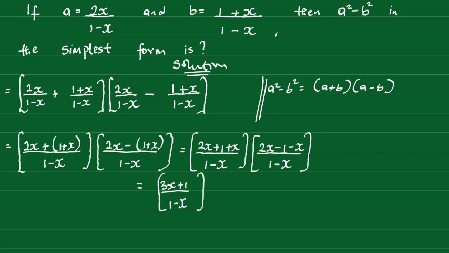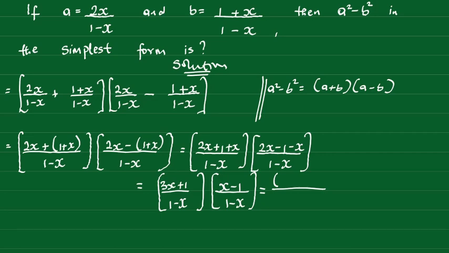Brackets close. We open our other bracket. We draw a line, write our LCM 1 minus x. We have 2x minus x, we're left with x, minus 1. Bracket close.